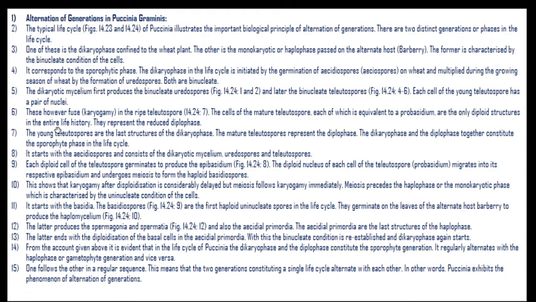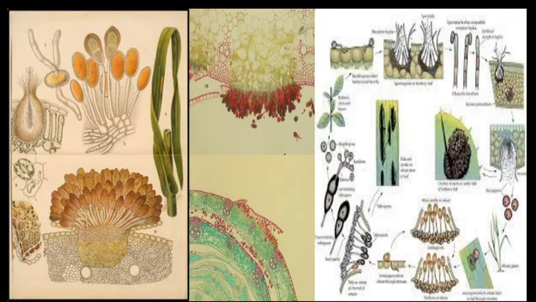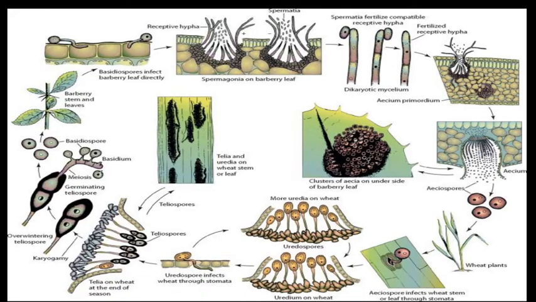Many more details are written here. You may read them one by one. Here are again a few important diagrams. This is the complete life cycle of Puccinia. This is the barberry plant and this is the wheat plant.